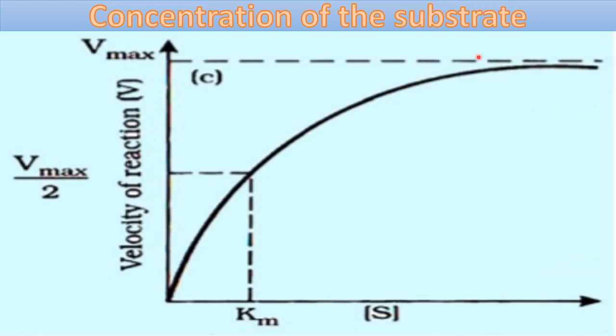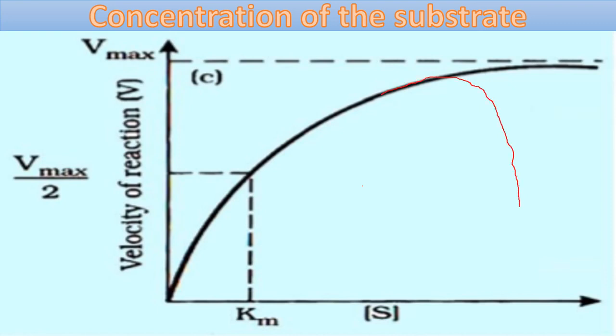Okay, so this graph is different from the graph for the temperature and pH, because in that case, with further increase in temperature or pH, the rate of reaction was decreasing. That graph was going like that. So that graph was like this, right?